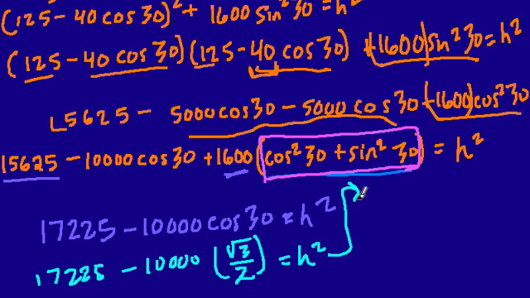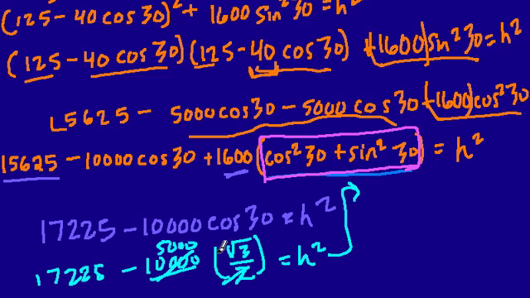And we can simplify this. Well, you would have a calculator for this kind of a problem right here. But we can think of this as 10,000 times over 2, that's going to be just 5,000 times the square root of 3, which is not that much simpler, but it does help, right?